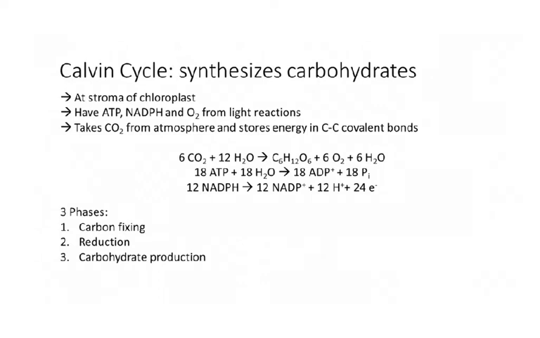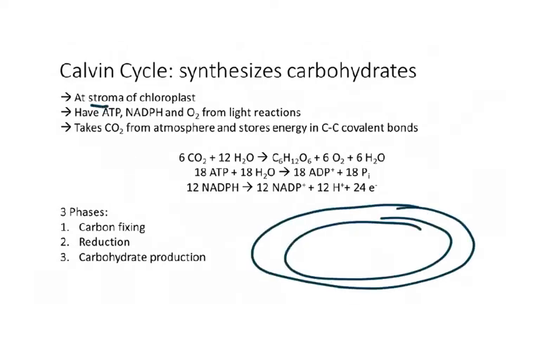This is going to happen at the stroma of the chloroplast. So let's look at the chloroplast again. There's that outer and inner membrane, and then it's got these, I'm going to draw it in green, these thylakoid membranes, and we talked in the last video about how during the light reactions, you end up building up a lot of H plus inside the thylakoid lumen, but then outside the thylakoid lumen, we're doing things like making ATP, because as that H plus comes out, we generate ATP as ATP synthase spins.